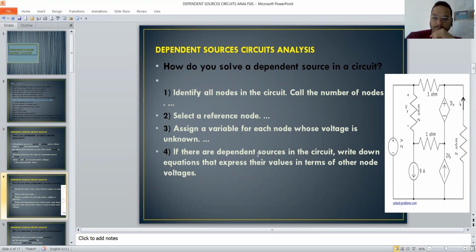If there are dependent sources like this, dependent voltage sources, dependent current sources, but here independent voltage sources, independent current sources.